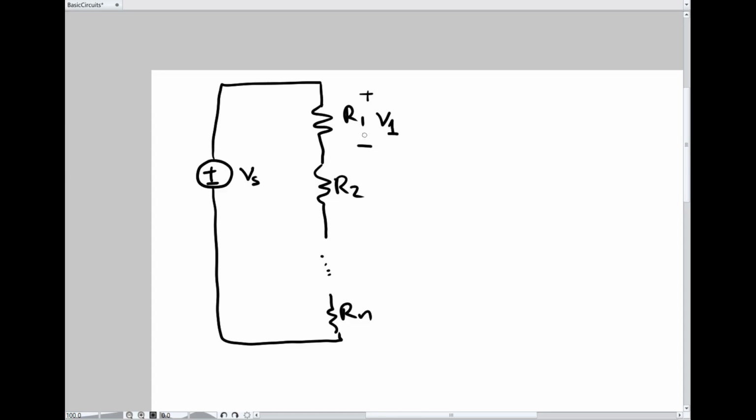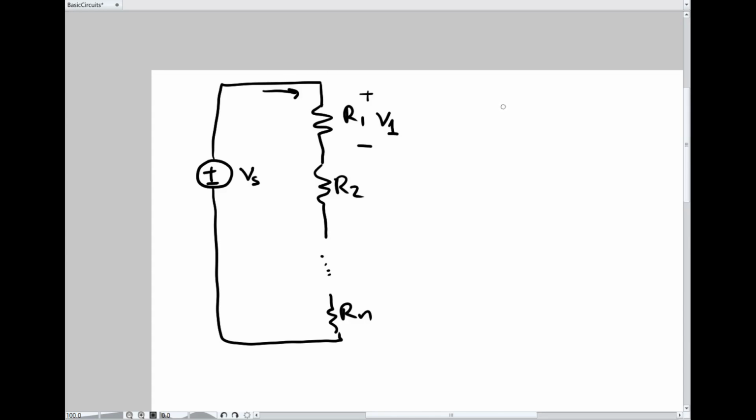Well, there's a trick for this. Let's first figure out what the current is going through. Because if we know the current going through this resistor, then we can find the voltage because we just multiply by the resistance. Well, how do we do that?